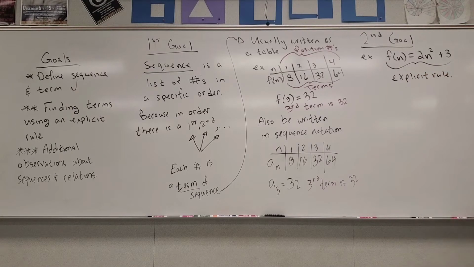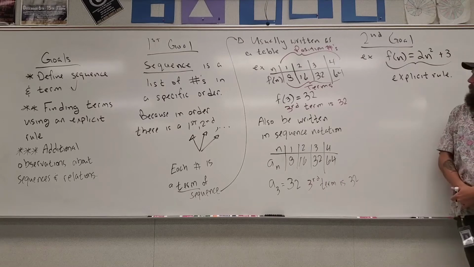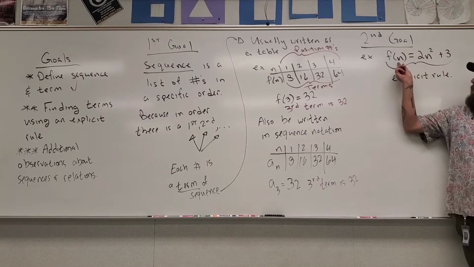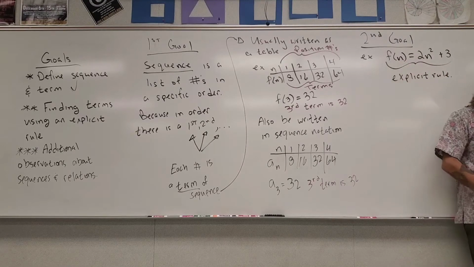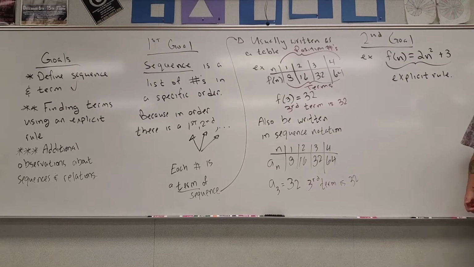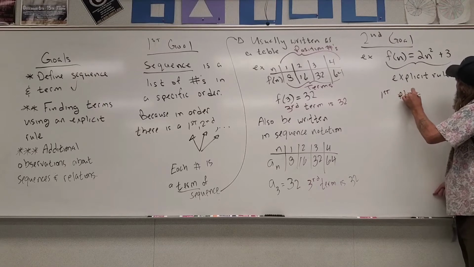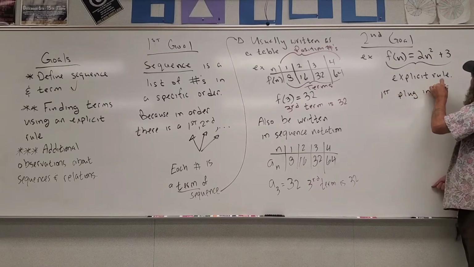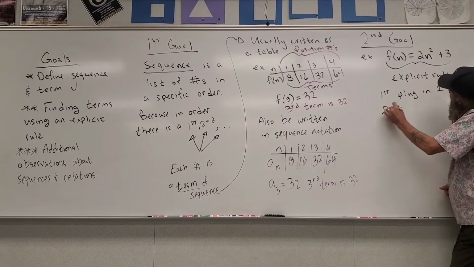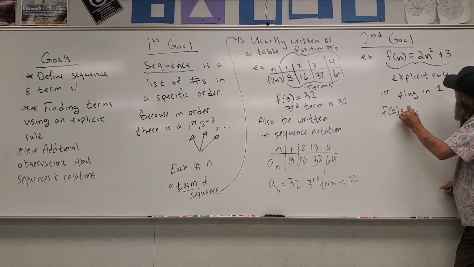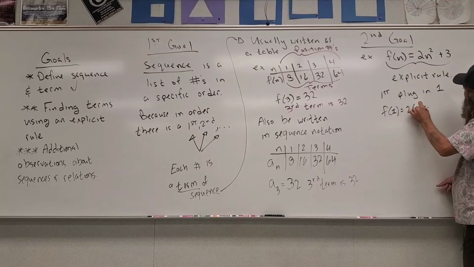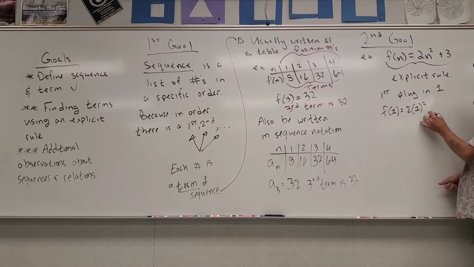And I can find terms by picking position numbers. So if I want to find the first term, I plug in 1. So the first term, plug in 1. All right, so I get F of 1 equals 2 times 1 squared plus 3.